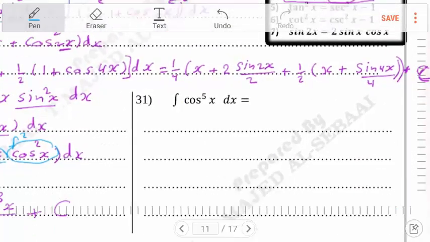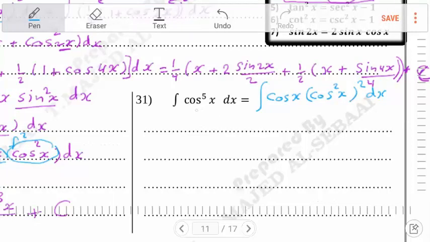See, the same thing will happen for cosine to the power of 5. It will be cosine x, cosine squared x all to the power of 2, dx. Why did I do that? Because it is cosine to the power of 5.